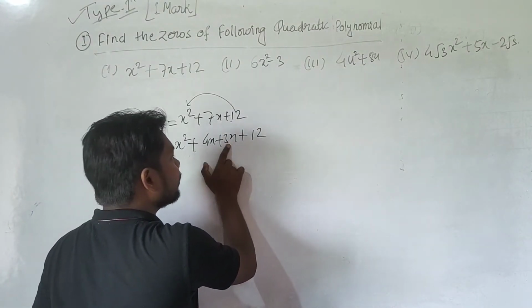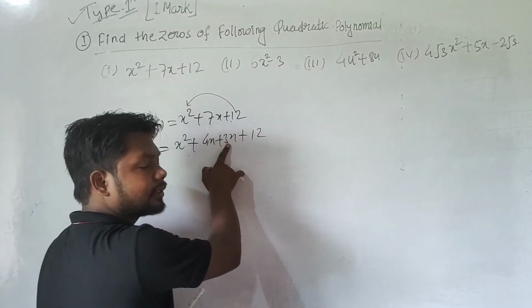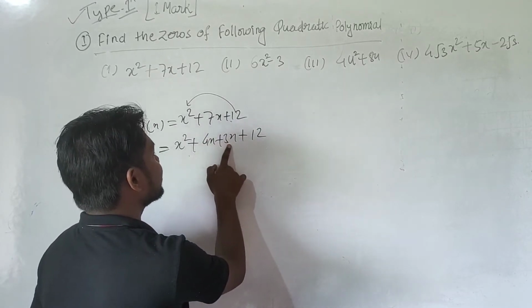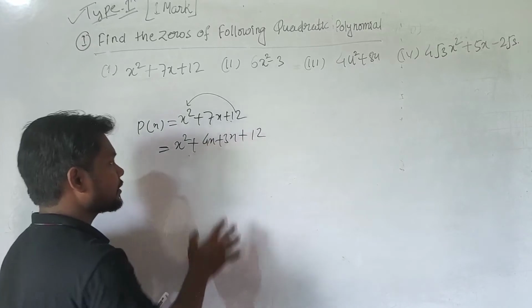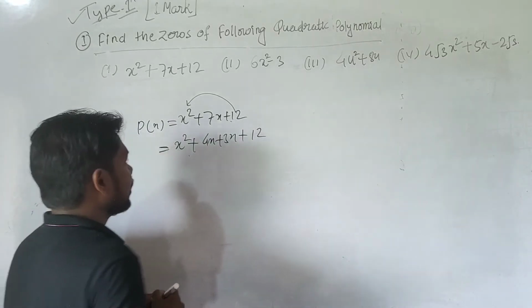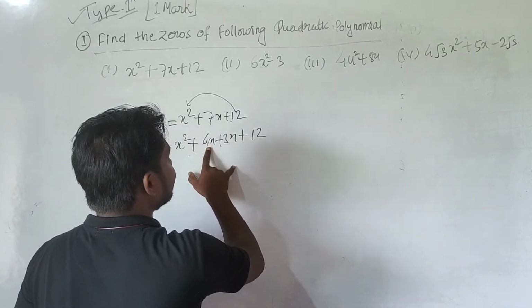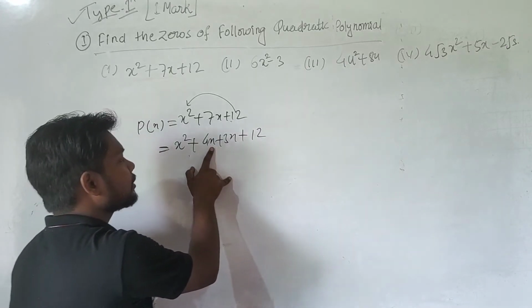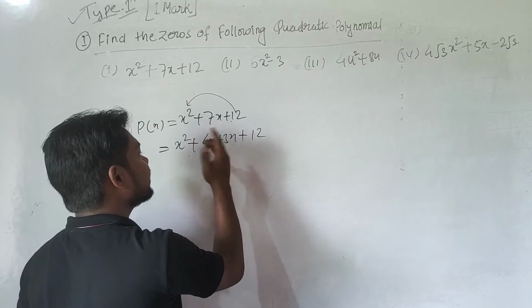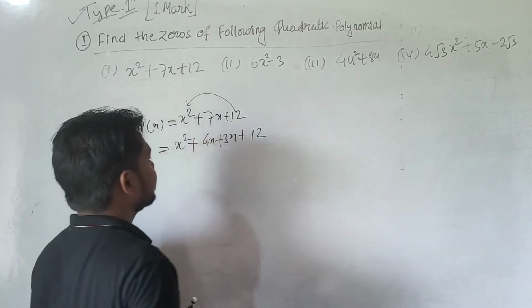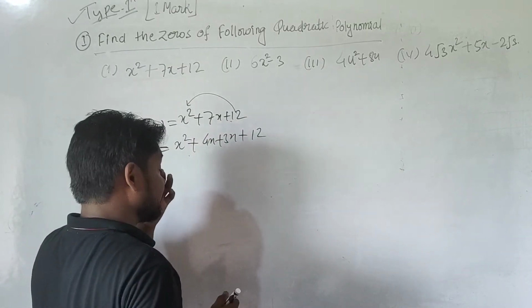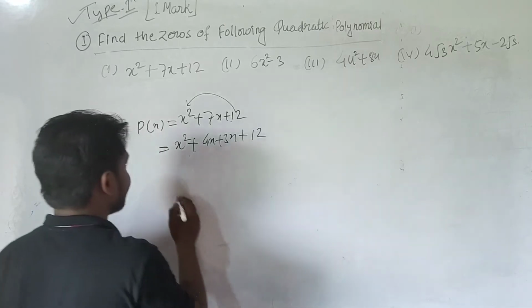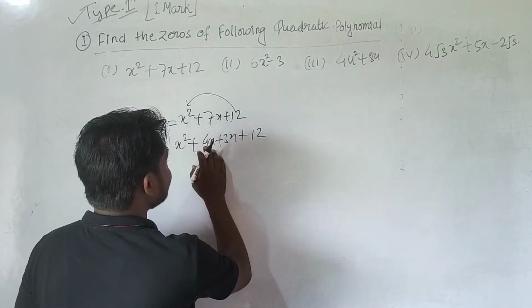Then we write the second term which is numerically smaller than the first term. We will write the bigger term first. So this is 4x plus 3x.